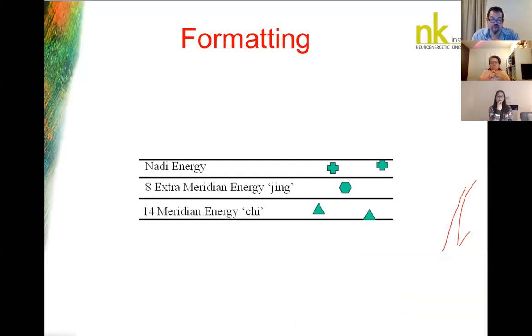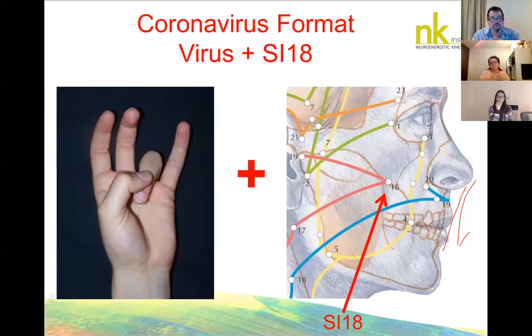And here, so, you know, this is my model. When you use a combination of them, it's like, instead of playing a note, it's like playing a chord. So this is the coronavirus format from Immunität from about 15 years ago.